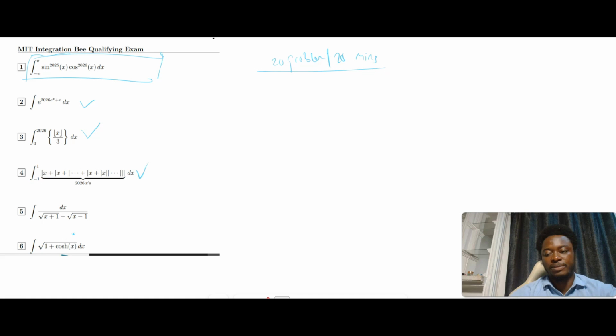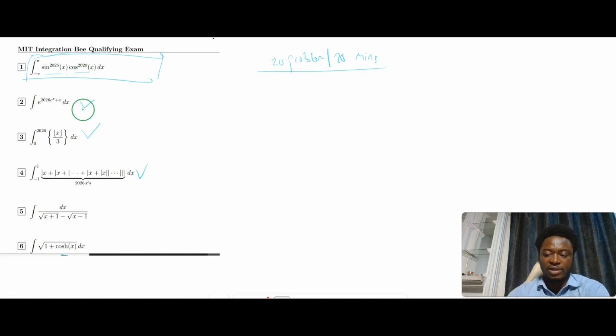For the first problem here, which is problem 1, it says what is the integral from negative pi to pi of this times this. So sine to the power of 2025 of x and then cosine to the power of 2026 of x.